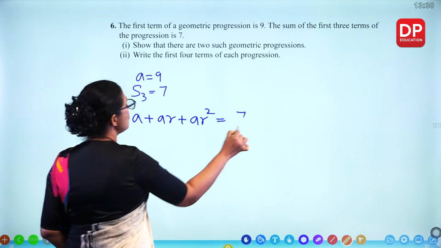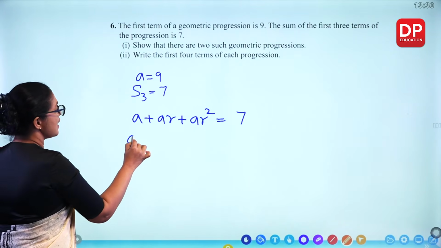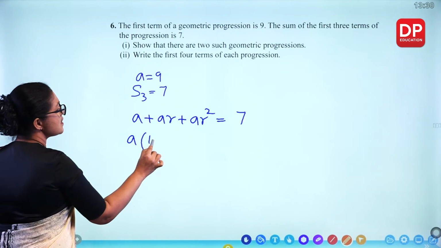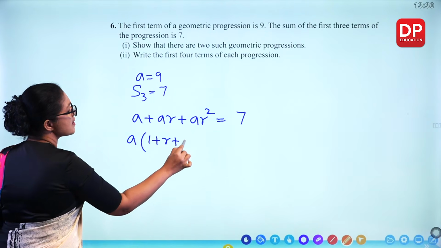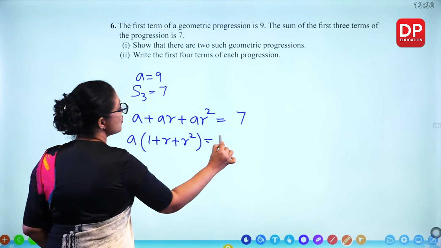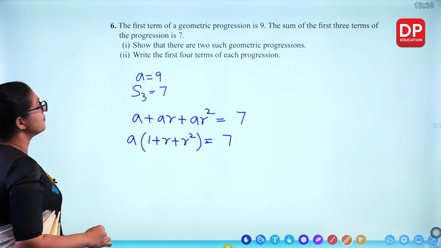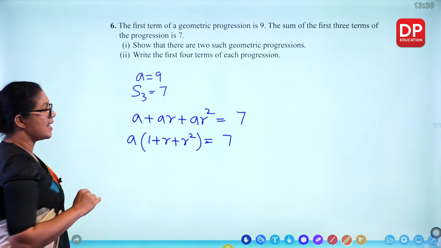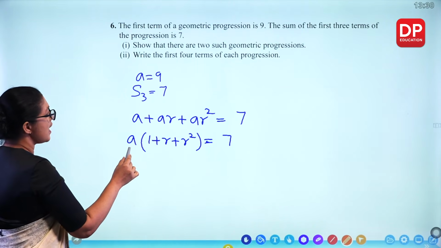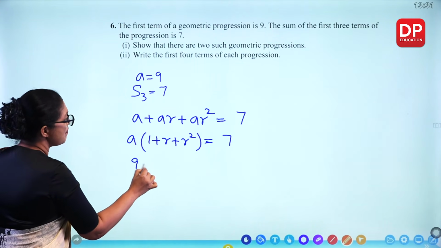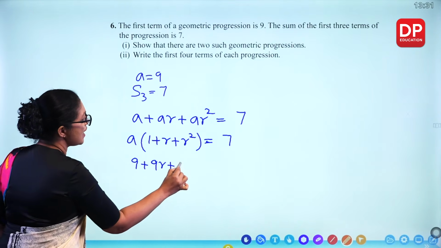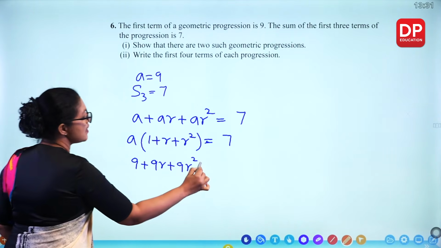That's equal to 7. Take A out from this, I get A times (1 plus R plus R squared) is equal to 7. But we know A is 9. Substitute 9: 9 plus 9R plus 9R squared is equal to 7.